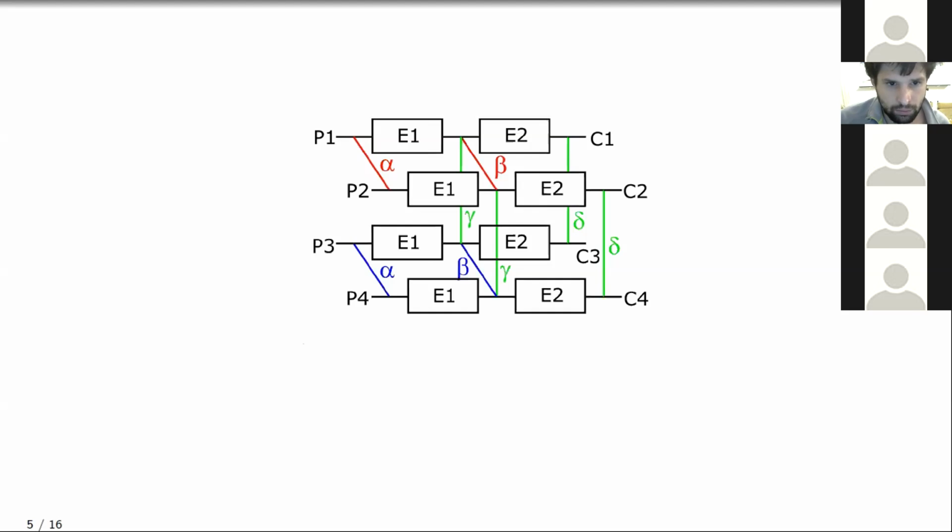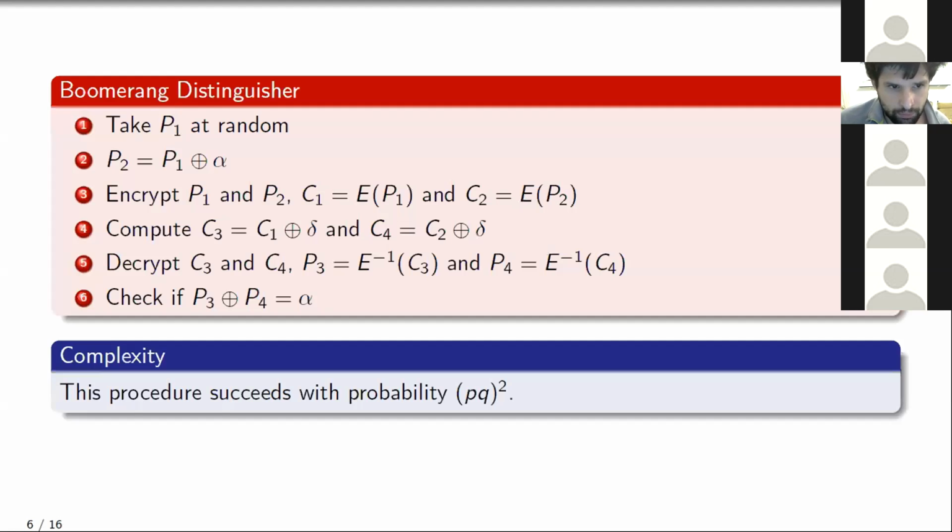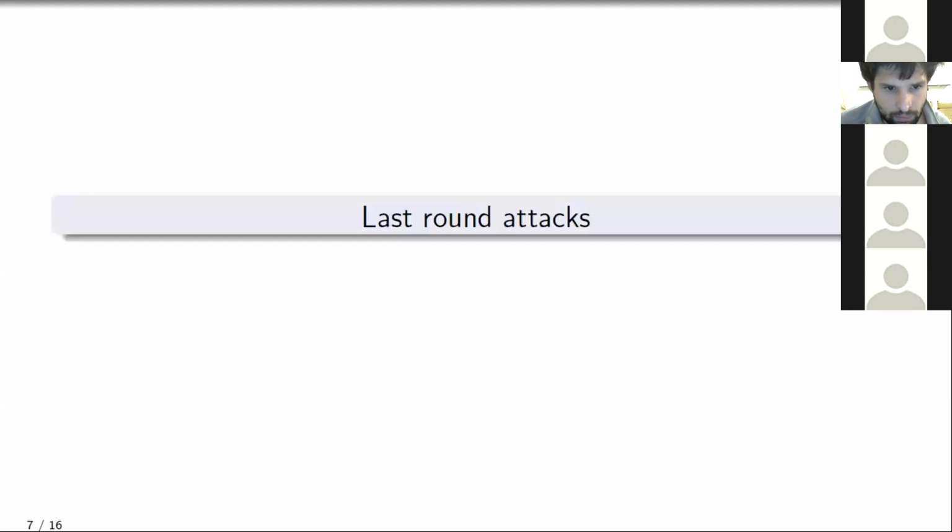So it makes the basic boomerang distinguisher, taking P1 at random, building the rest, and checking if we get the good difference. This distinguisher succeeds with probability p squared q squared because we use each differential twice. Then how to make key recovery attacks.